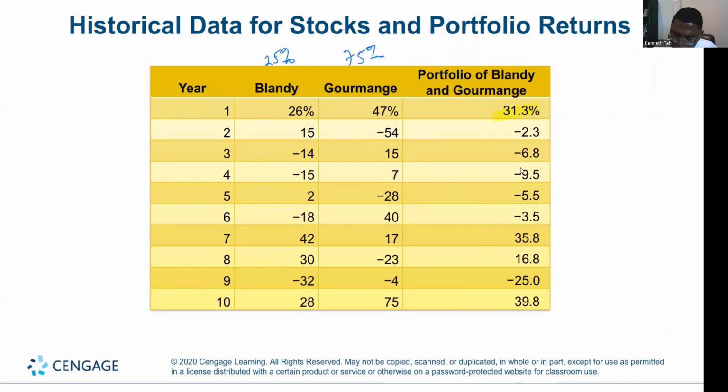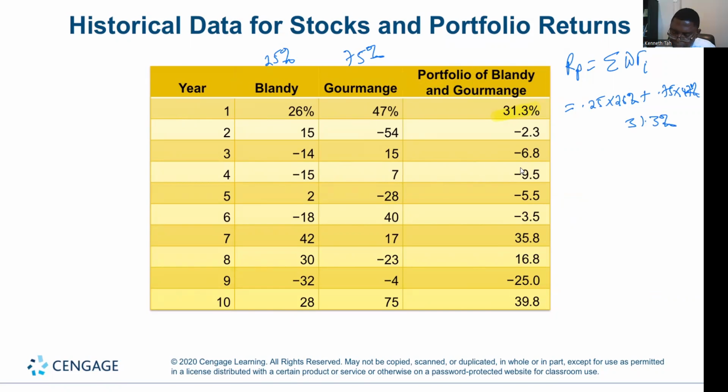So here we said this is 25%, which automatically means this is going to be 75%. For the first year, the return of the portfolio is the sum of weight times the return of each individual asset. In this case, it is 0.25 times 26% plus 0.75 times 47%. And that is how we end up with 31.3%.